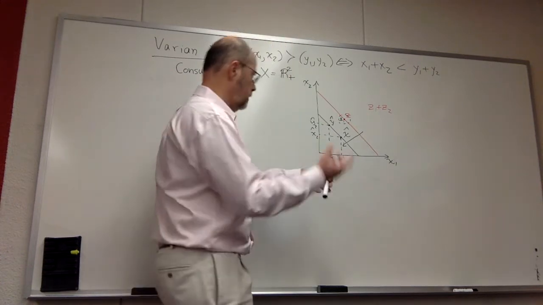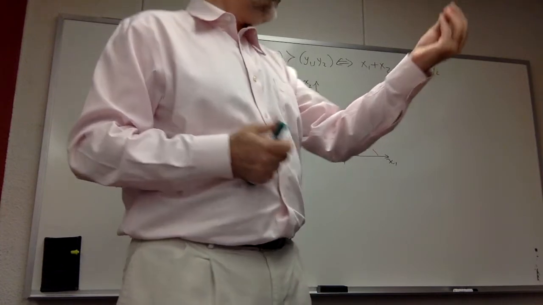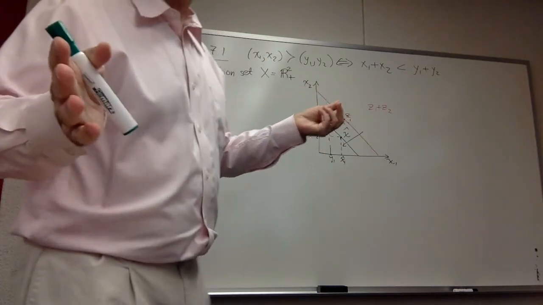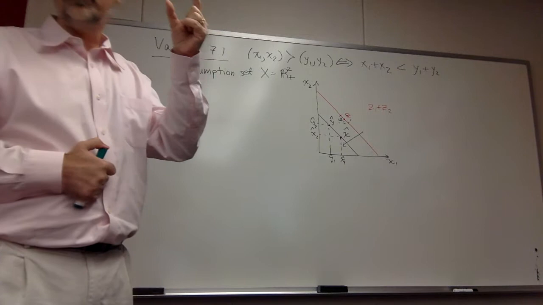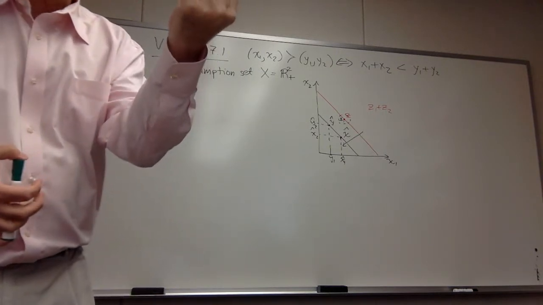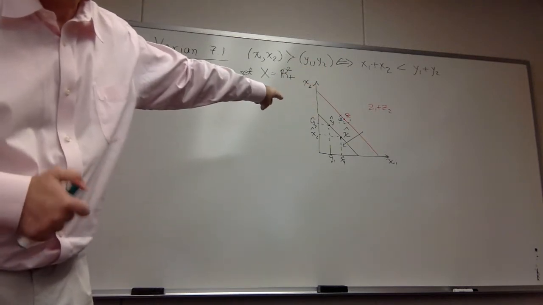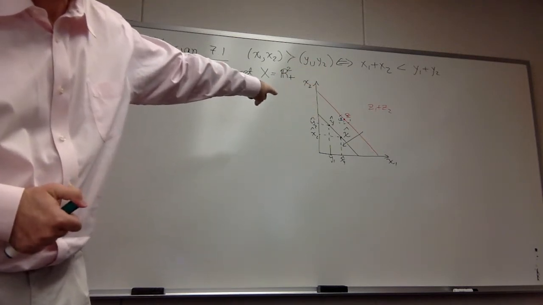Okay. Now, I'm not going to draw it much smaller because you won't be able to see it and the camera won't be able to see it, but it ought to be convincing that no matter how small the epsilon I choose, I always have room to find one green dot like that. Yes?